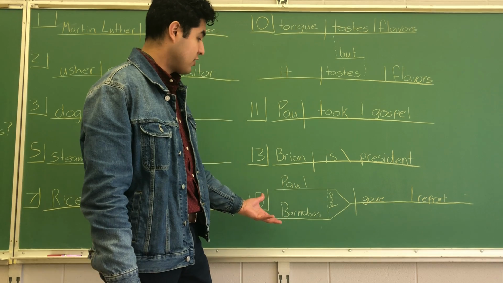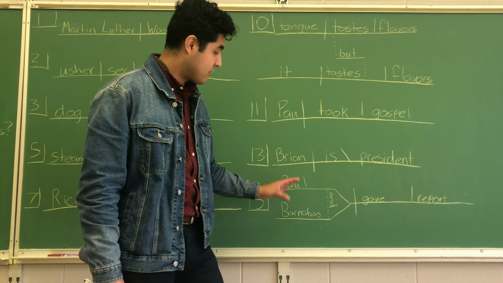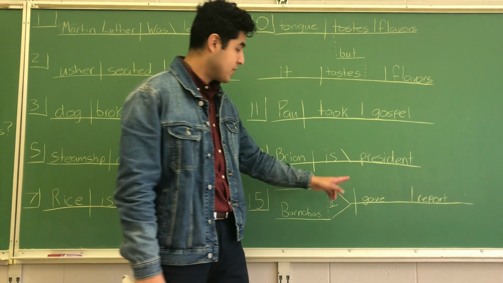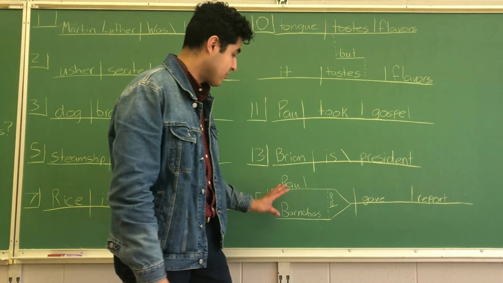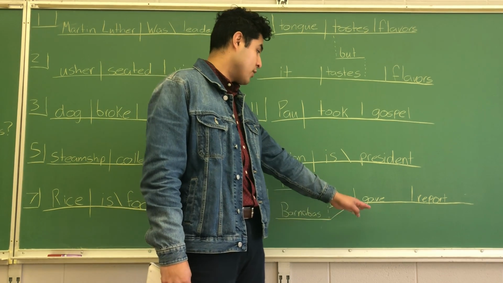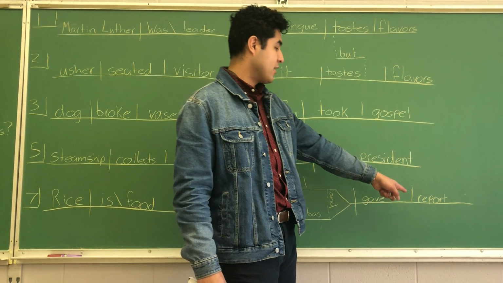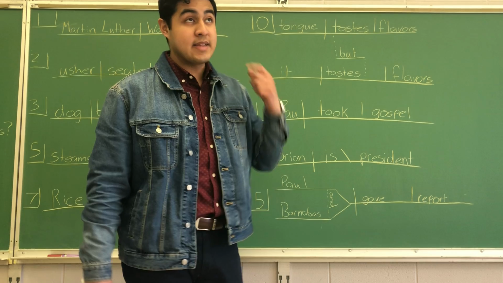So both of these are the subject and they're represented like this. The line that separates the subject or subjects from the verb goes all the way across. Okay, so make sure your line that separates the subject from the verb goes all the way across. Now you have our verb. We have an action verb, and finally we have our direct object with a vertical line that does not cross, okay?